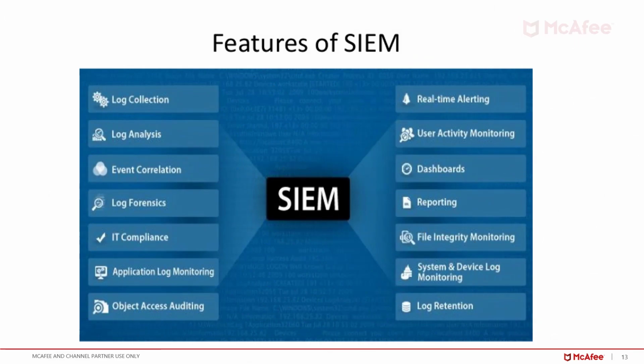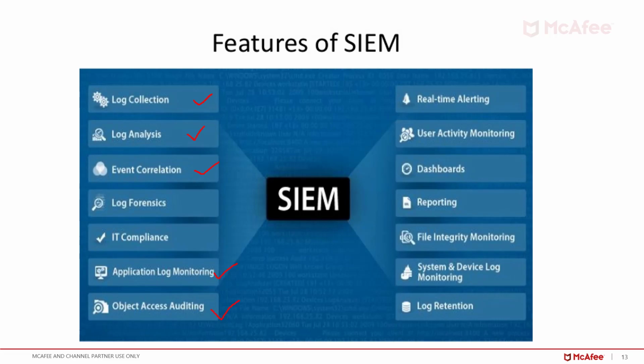Now that we've dived a little deeper into how to configure SIEM, let's take a step back and look at some of the features that SIEM actually provides the analyst and customers. Here in this example, you can see that SIEM provides a centralized location for log collection, as well as log analysis, event correlation, and we're going to skip log forensics and IT compliance for right now.